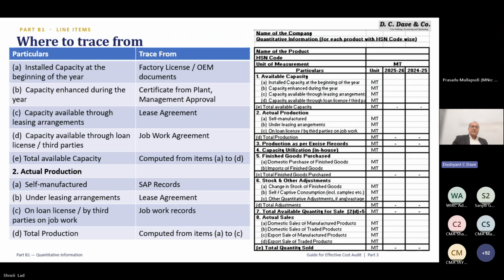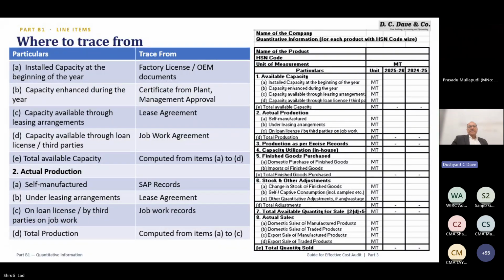Based on installed capacity, the economy takes major decisions at a higher level: how many capacities you are installing for a particular product and what is the demand supply gap. And accordingly, you decide about the installed capacity at a macro level. Then at a micro level, at an individual company level, you should be able to produce only that much which is available in the factory license.